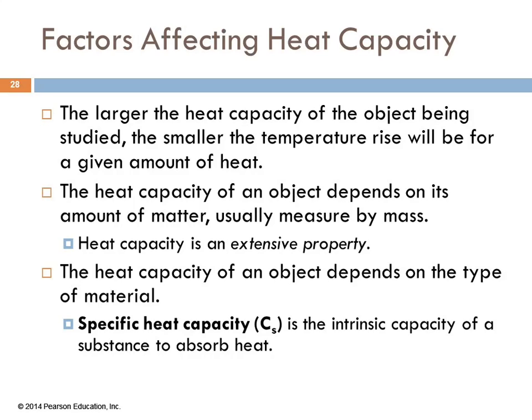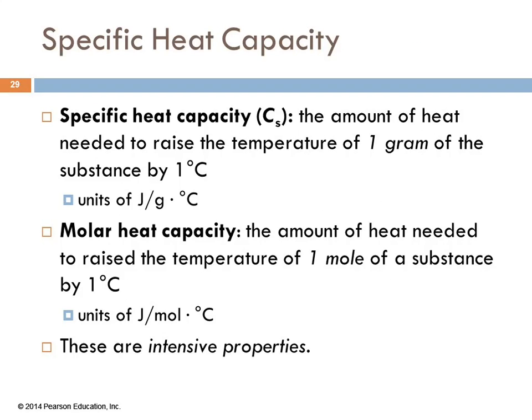So specific heat capacity is going to be joules per gram degree Celsius, whereas heat capacity, which is not a useful quantity at all, is going to depend on the amount of stuff. So specific heat capacity is the amount of heat needed to raise the temperature of 1 gram. And so that's what makes it an intrinsic property. It's not going to depend on the size of the object because it's per gram. And so the units of this will be joules per gram degree Celsius instead of joules per degree Celsius or joules per Kelvin.